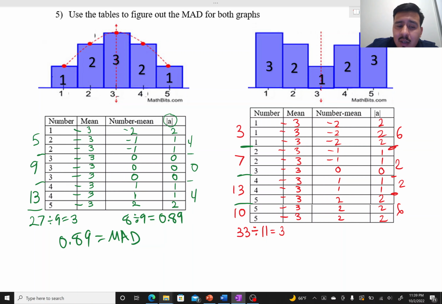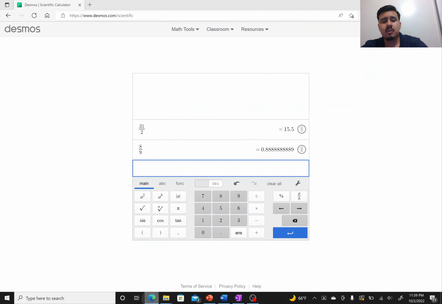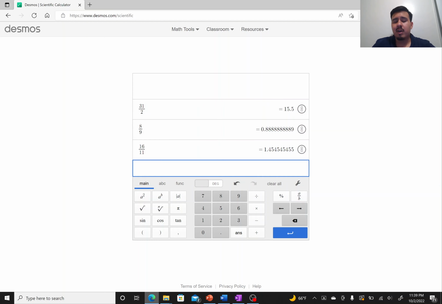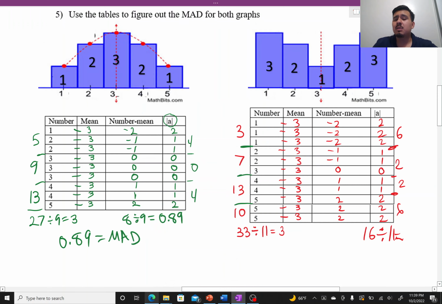16. Over here, 16 divided by 11 is equal to, I got to go ahead and do that in decimals. 16 divided by 11, 1.45454545. So I'll just keep two decimal places.